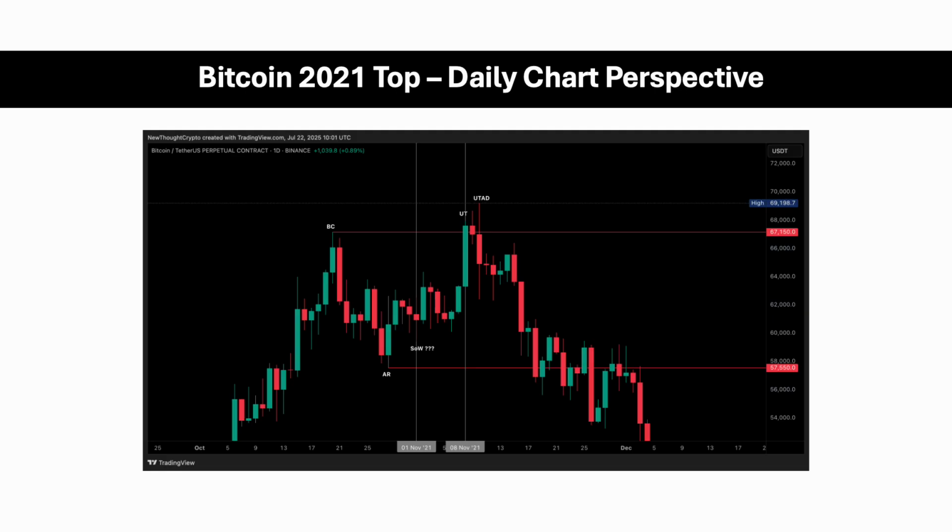This chart shows the final distribution phase of Bitcoin's 2021 top. I chose this chart because it effectively illustrates the point I made at the beginning. According to the distribution schematic as illustrated in the books, the sign of weakness event should have breached the range low. As it is, the sign of weakness event is either missing, or maybe we can consider November 1st as a sign of weakness.